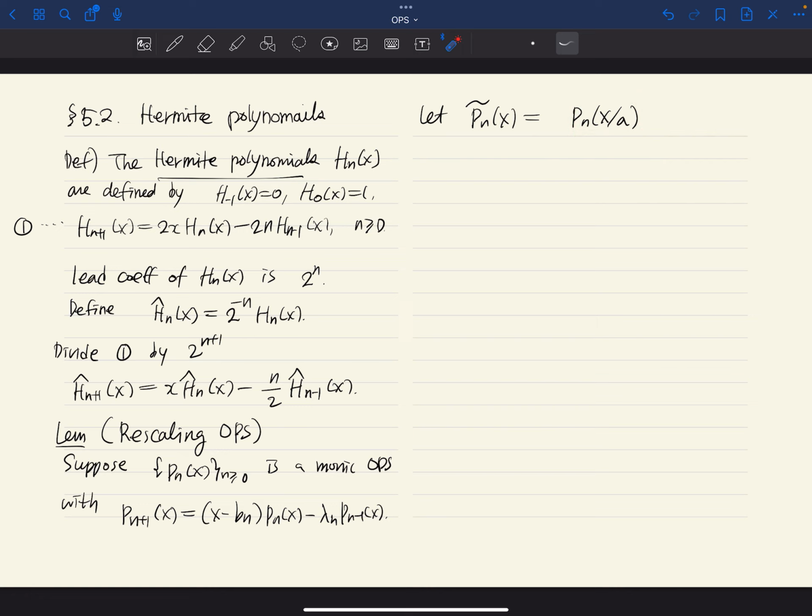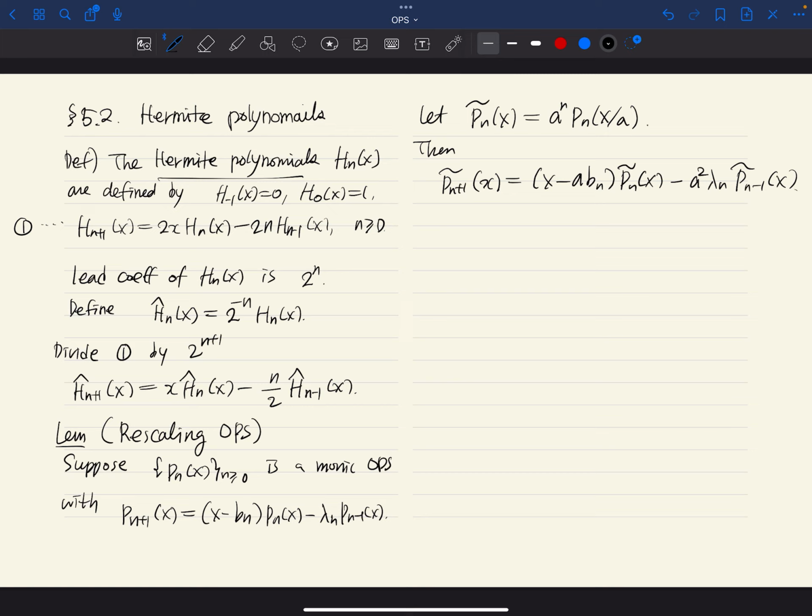So if you multiply by a to the n, it will be monic. Then P_{n+1} tilde of x equals, this is almost similar to the original, except we multiply a here, and a squared there, times lambda_n P_{n-1} tilde, like that.